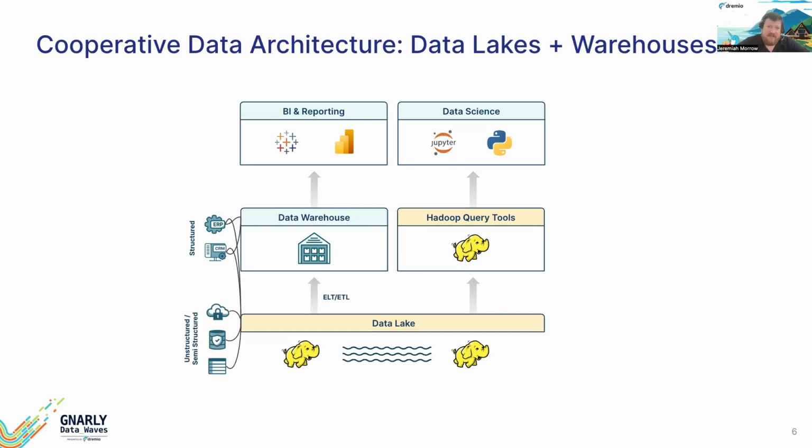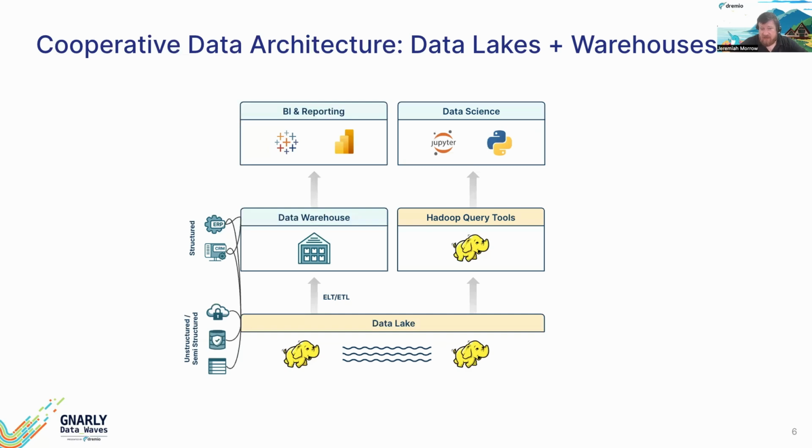And so if a data consumer needs an important source of data from the data lake for a dashboard or a report, the data team needs to move that data over via some ELT or ETL process to make that data available for data consumers.